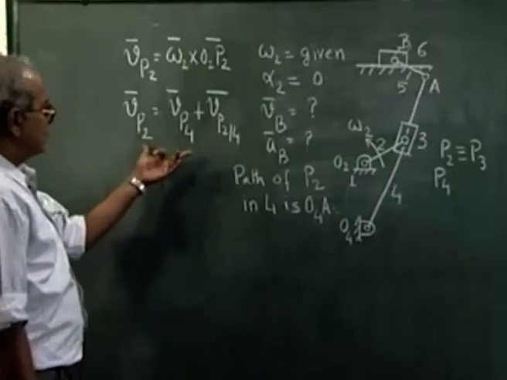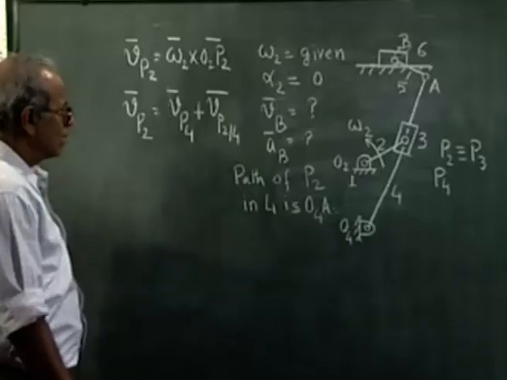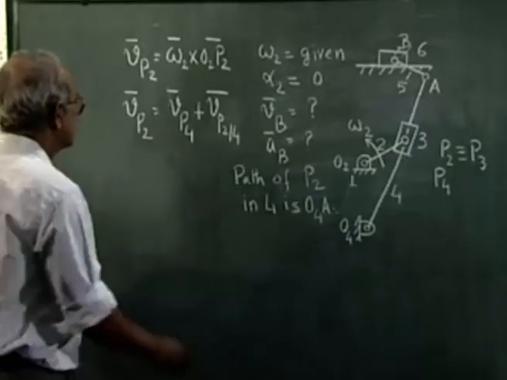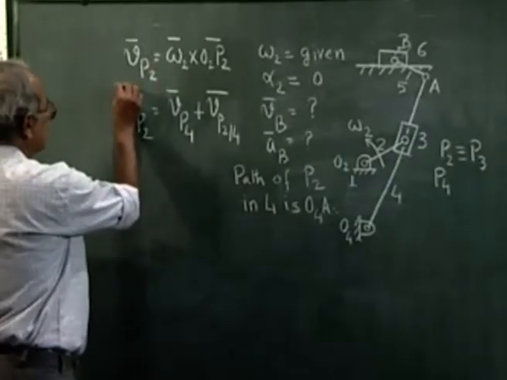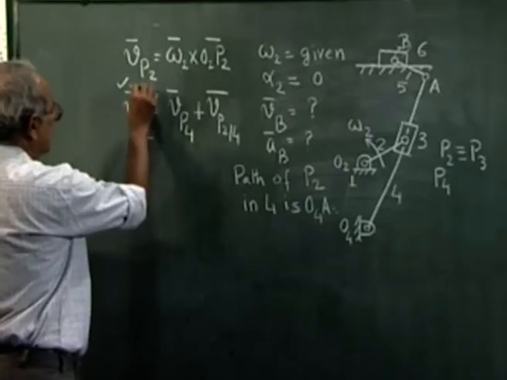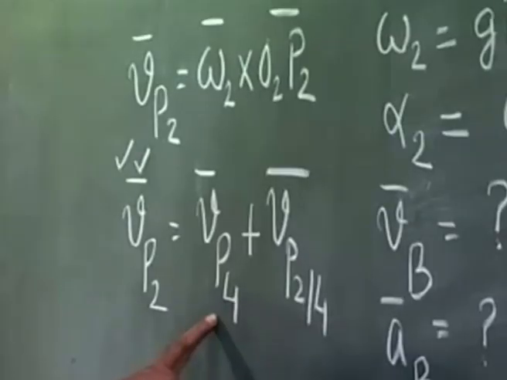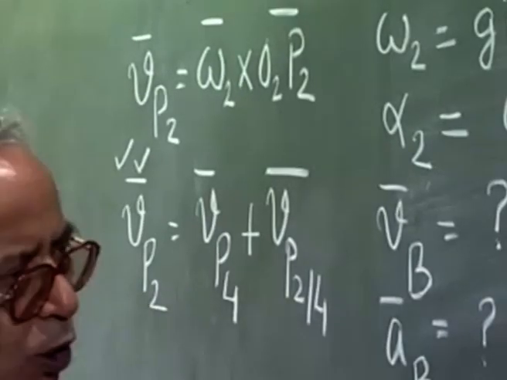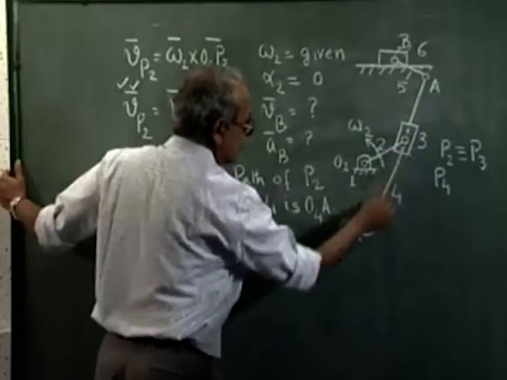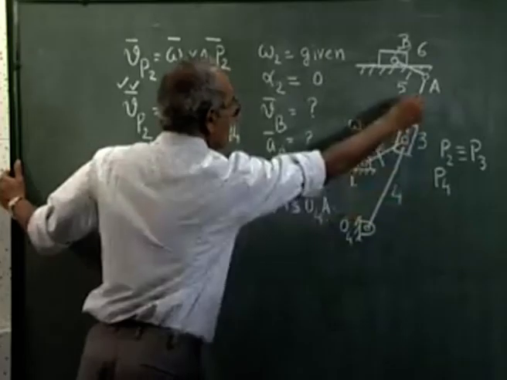Now let me see in this vector equation what are the known quantities and what are the unknown quantities. Velocity of P2 is completely known, so I know its magnitude and its direction. But velocity of P4, I do not know the magnitude, but I know the direction because that is perpendicular to O4 P4. That is perpendicular to this line O4A.